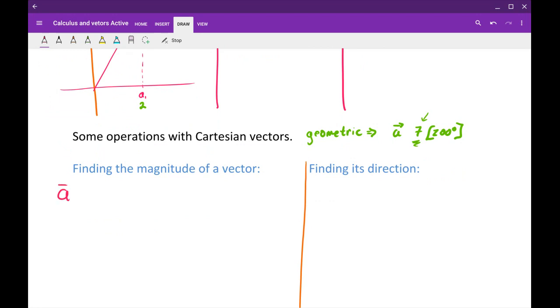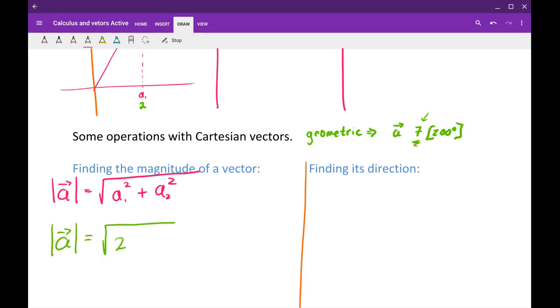The vector's magnitude is equal to the square root of its x component squared plus its y component squared. For our green vector above, vector A, its magnitude is the square root of 2 squared plus 3 squared, which would be the root of 15, if I got that right.